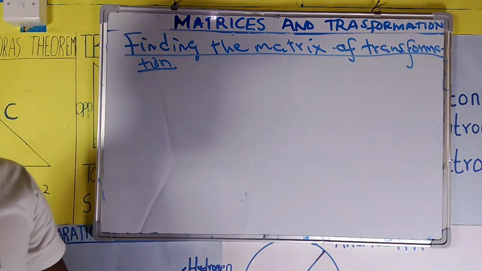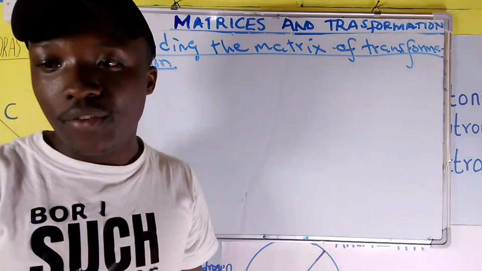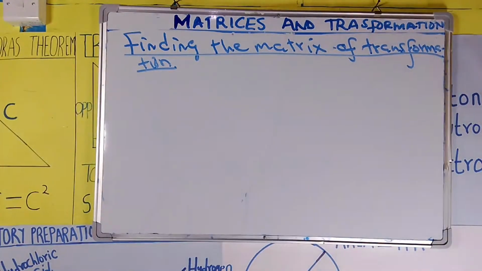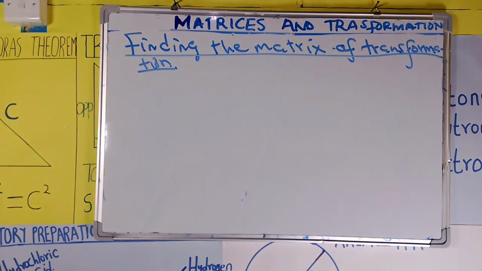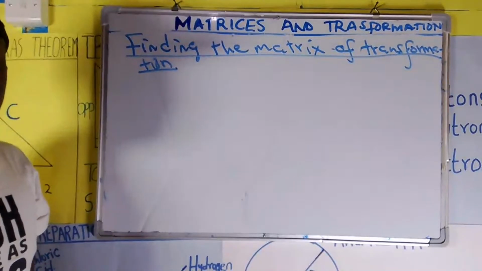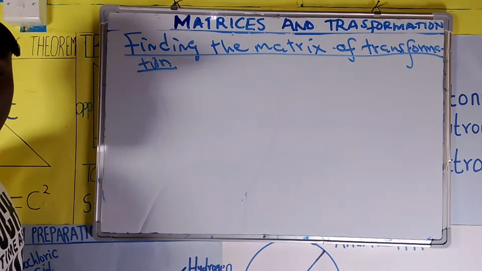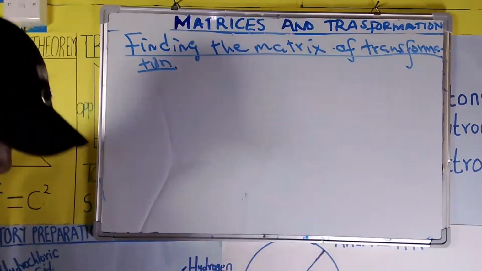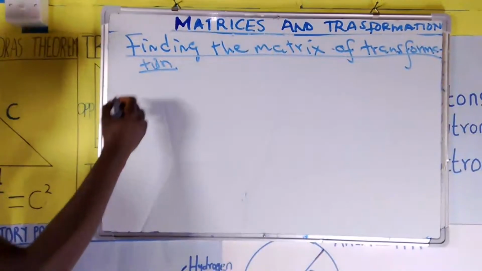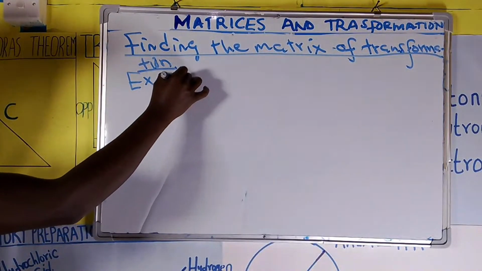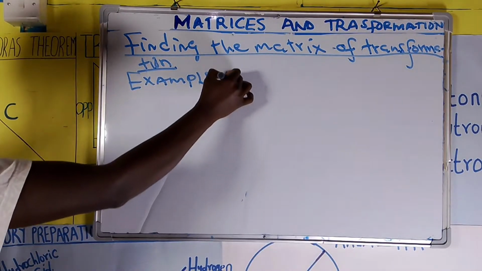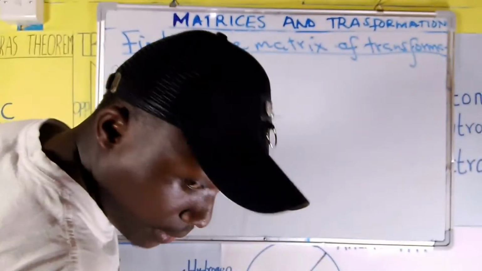How do we find the matrix of transformation? That is what I want us to do right now. We have a question. We'll be doing this thing with examples. So we have example number 1.